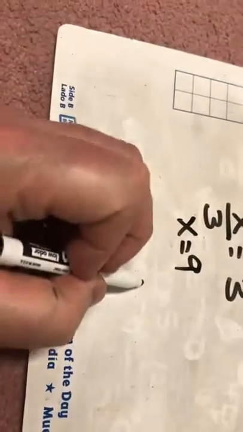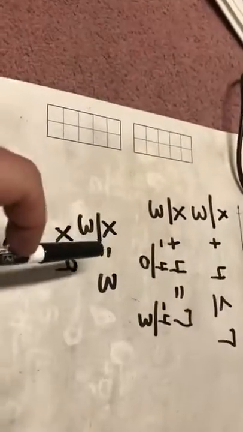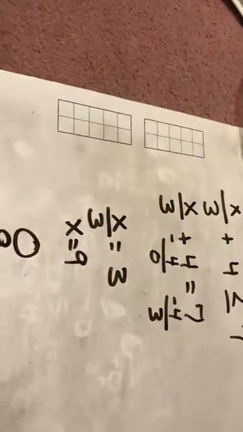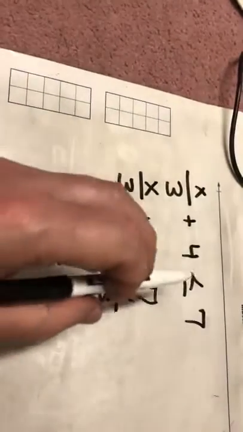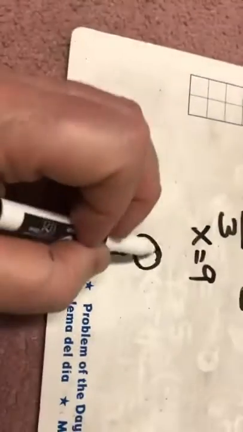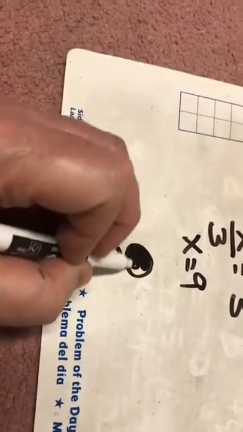So my graph is going to start at 9, because I have to solve the equation and then graph it. It says it can be less than or equal to, so x can equal 9, which means this is going to be a shaded circle.